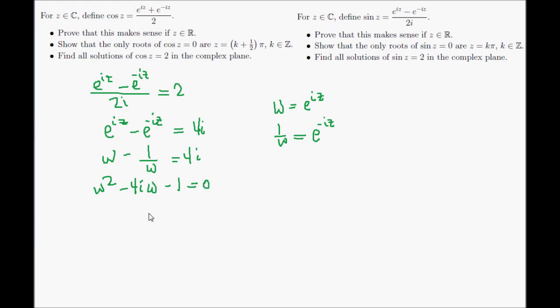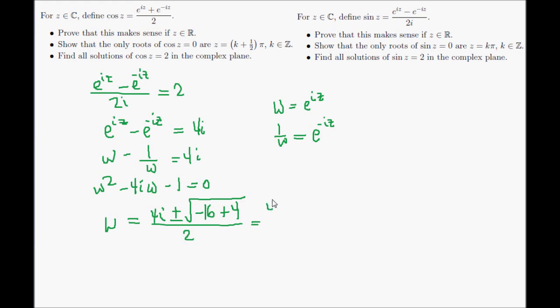So applying the quadratic formula, we get that w is equal to negative b, which is 4i, plus or minus the square root of b squared. Negative 4i squared is negative 16. Then minus 4ac, minus 4 times 1 times negative 1 gives a plus 4, divided by 2a.